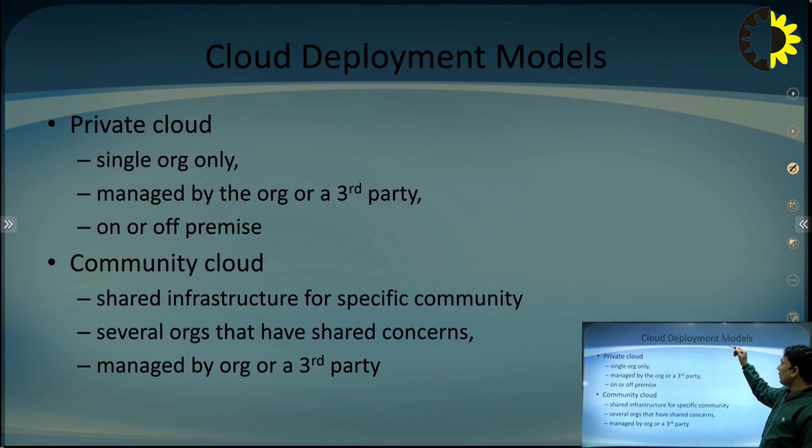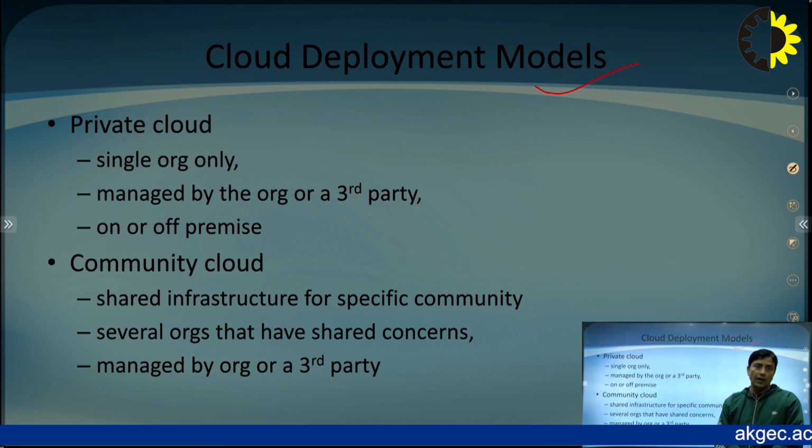Now the cloud deployment model. When we talk about the cloud deployment model, we have four kinds of deployment. The service provider can deploy the services for the consumer in four categories.